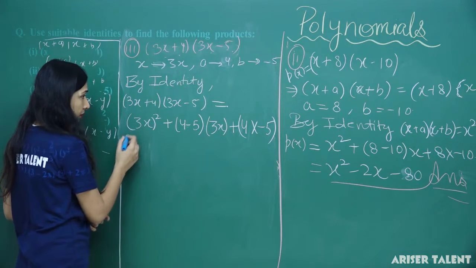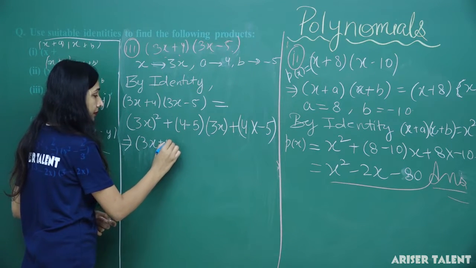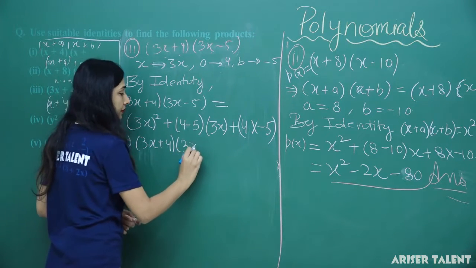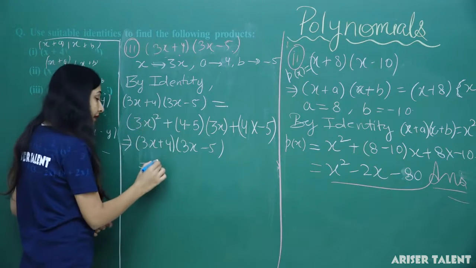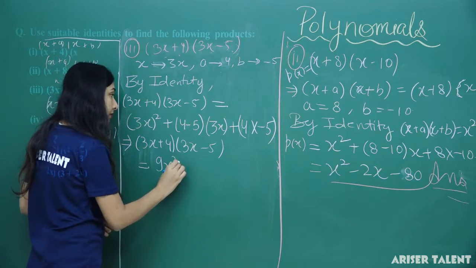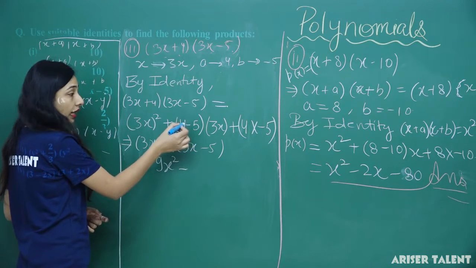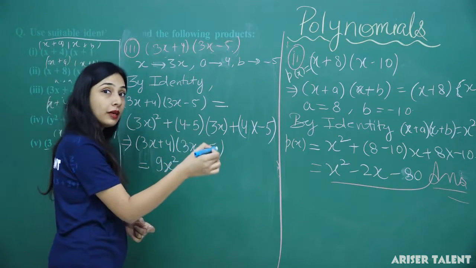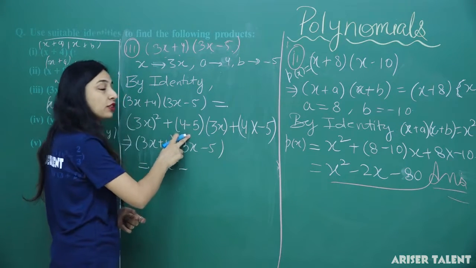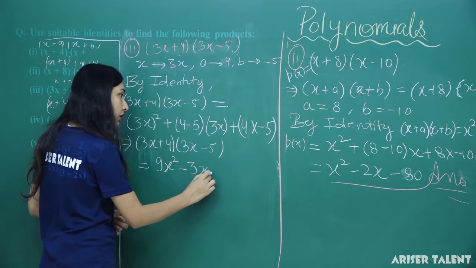Now that will become (3x) square is 9x square. This is 5 and of minus and this is plus 4. So 4 minus 5 will become minus 1. Now minus 1 multiplied by 3x is what? Minus of 3x. Okay.